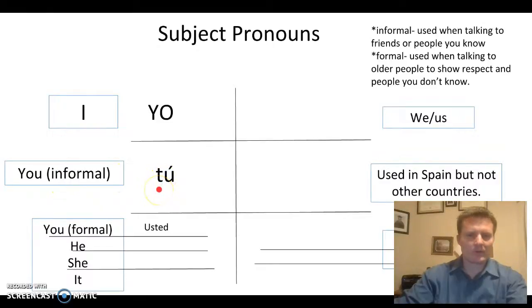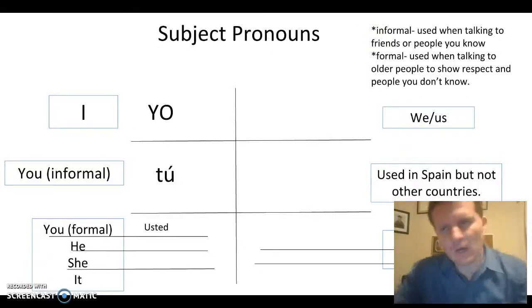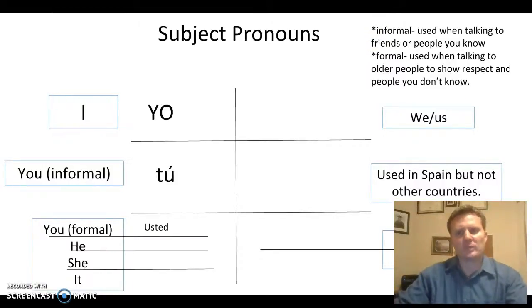You may have heard in class, maybe some Hispanics in our own class speaking, say tú. Okay? They're speaking in informal Spanish. If you look over here at the top, I put a little asterisk here and it explains the difference between informal and formal Spanish. The informal is pretty much used when you're talking to friends or people you know.